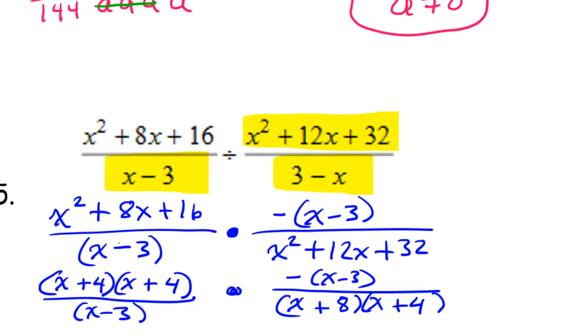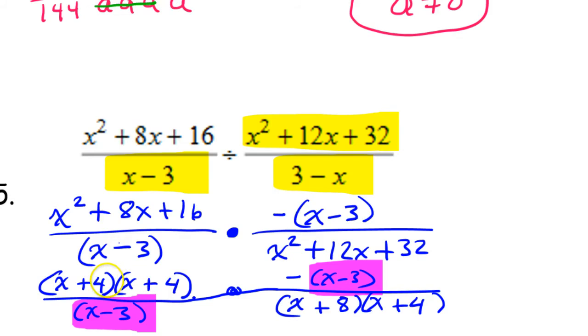Now let's look back and talk about what will cancel out. I'm looking at this like it's one big fraction at this point. Anything I highlight means that it cancels out. So let's see. I see this x minus 3 in the top, and I see this x minus 3 in the bottom. So those will cancel out. Those are gone. Now I see x plus 4. So let me change colors to make it clear.